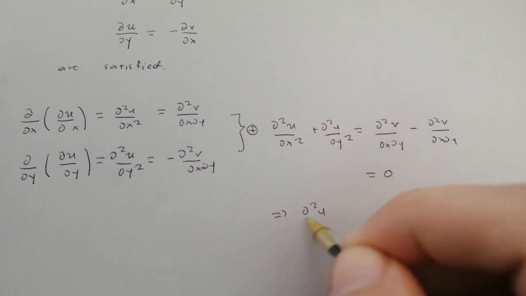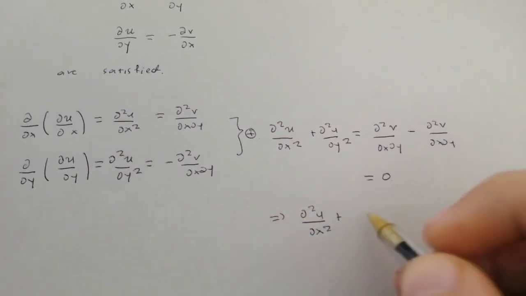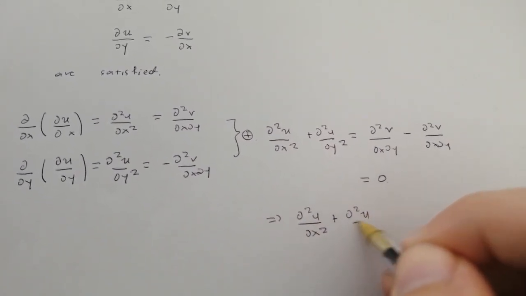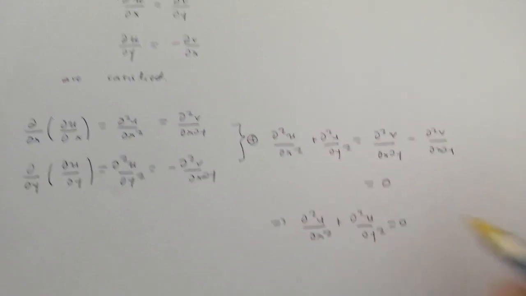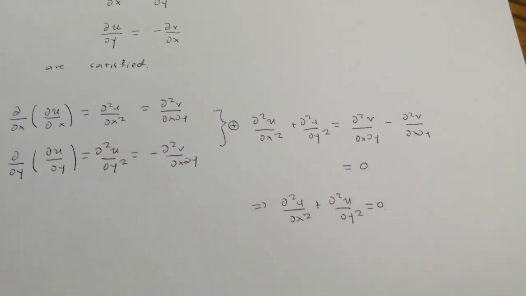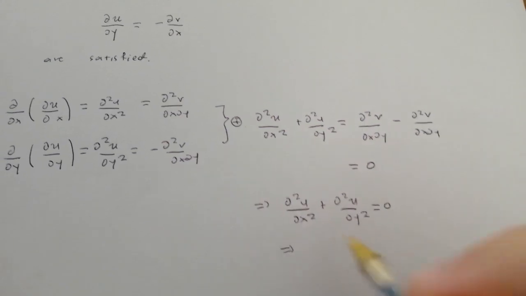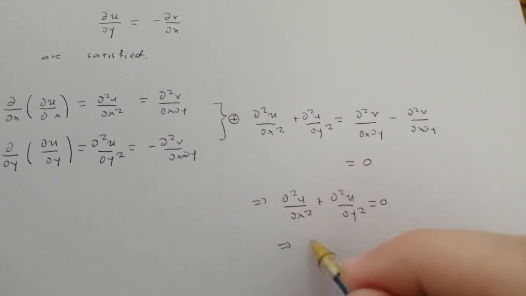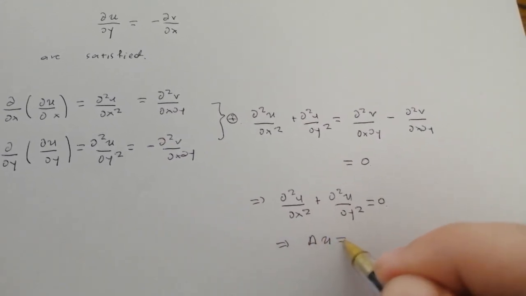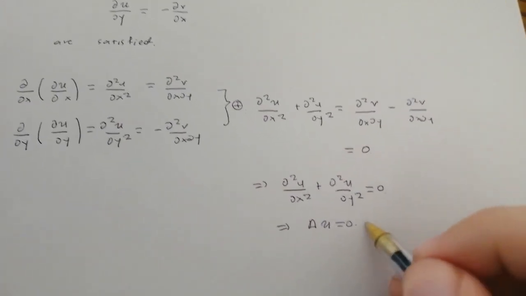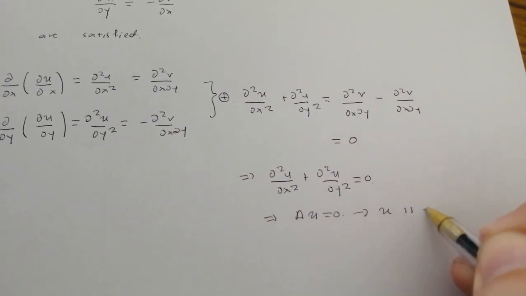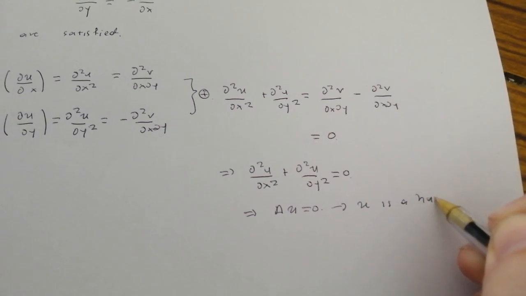Consequently, we have that this equation is equal to 0, and this is the Laplace equation, which is Laplacian of u is equal to 0. Therefore, u is a harmonic function.